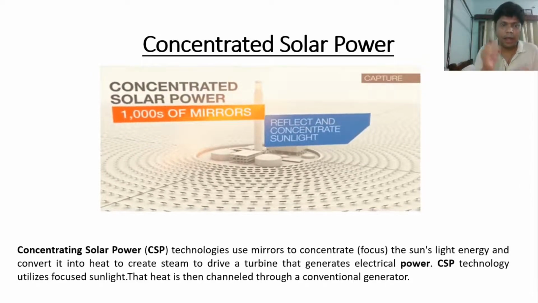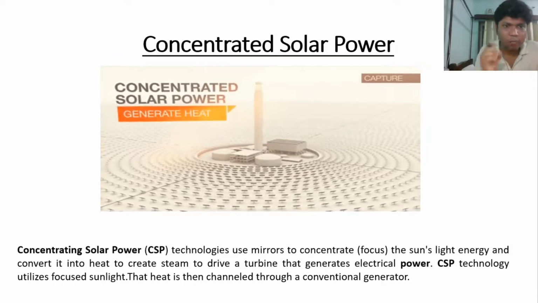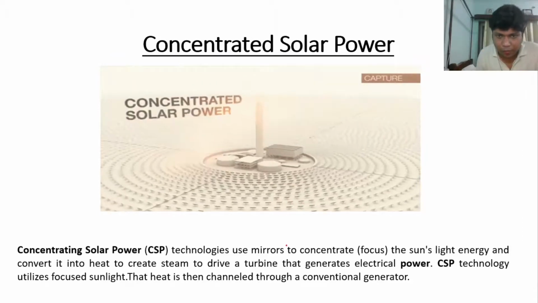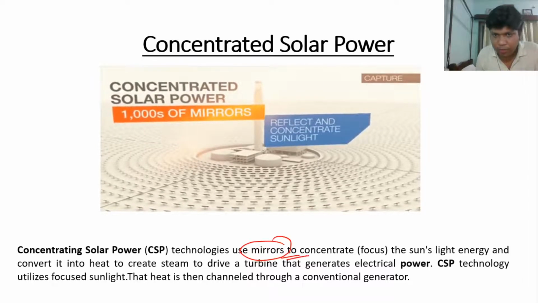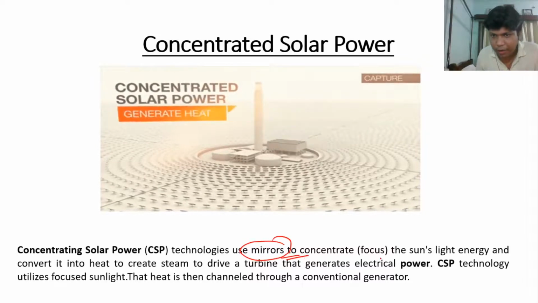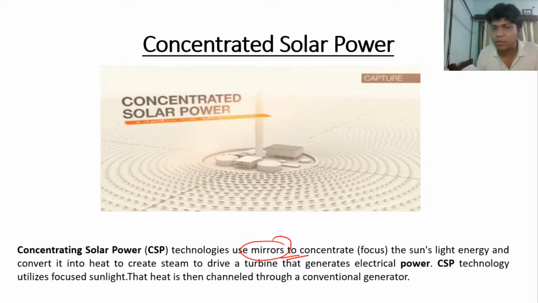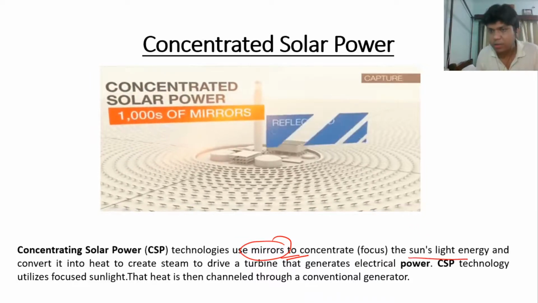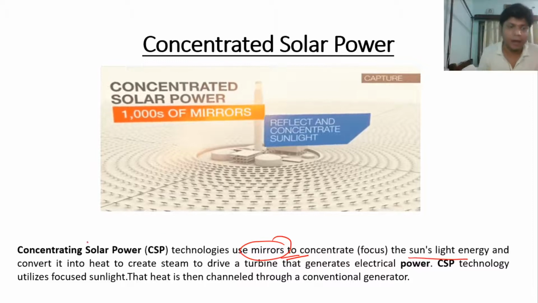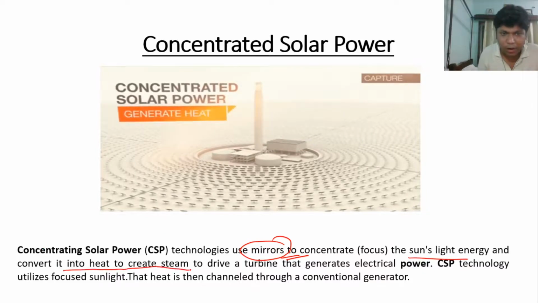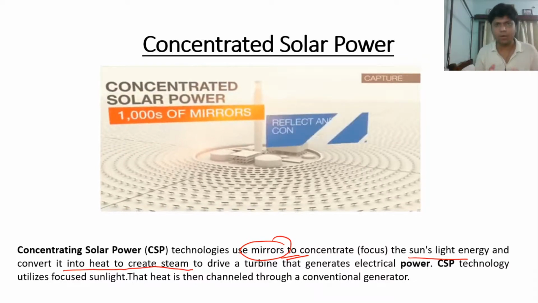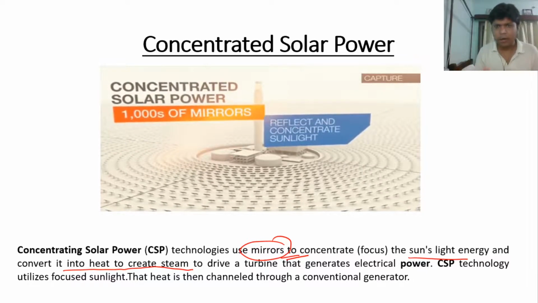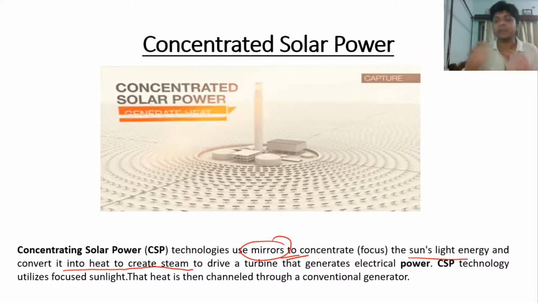In concentrated solar power, we generally use mirrors to concentrate or focus the sunlight energy, and it is converted into heat to create steam to drive a turbine, and that generates electrical power.